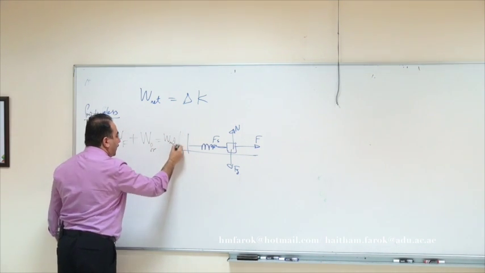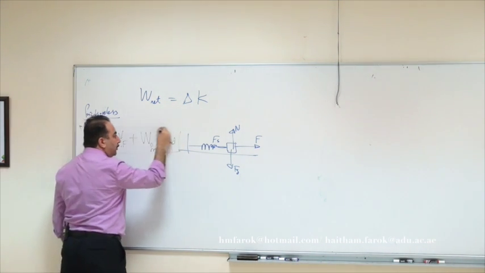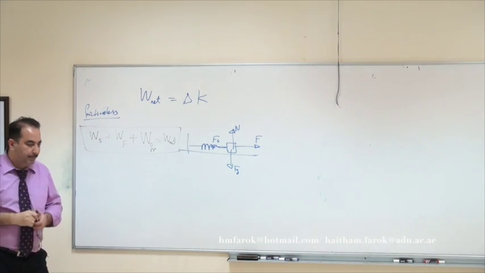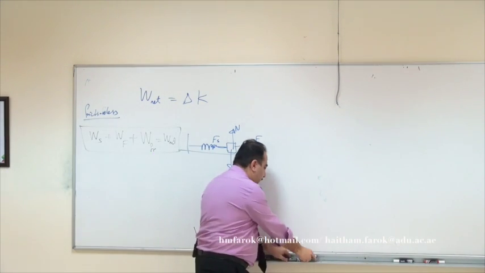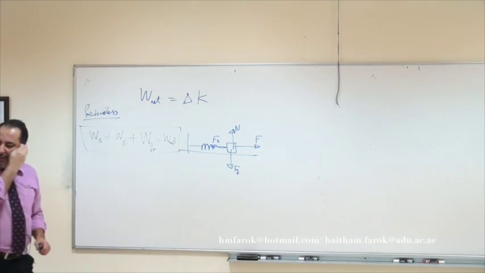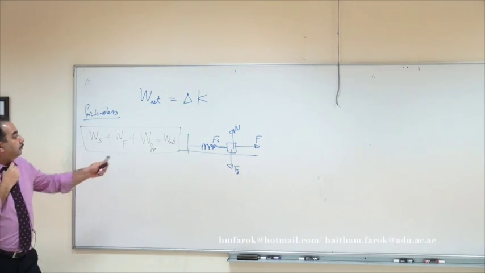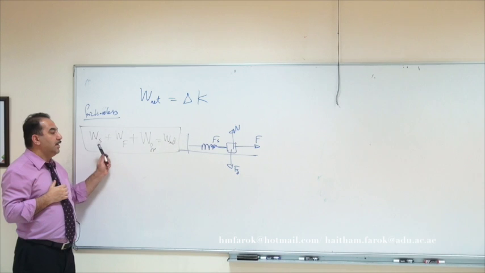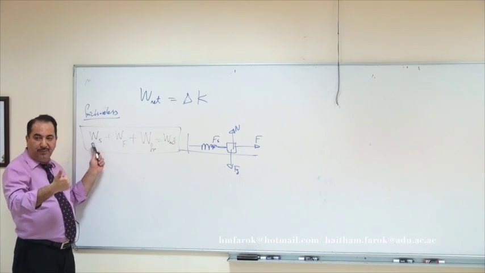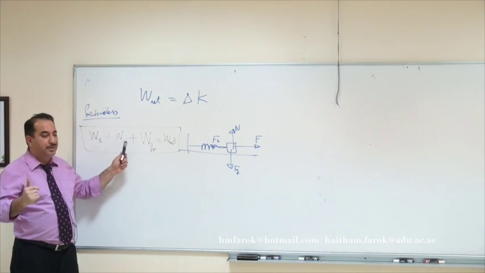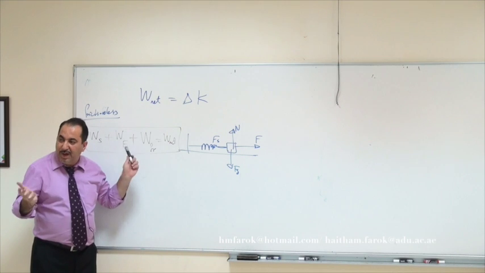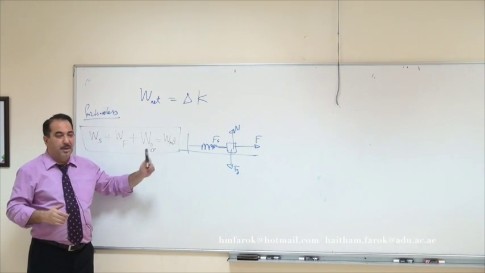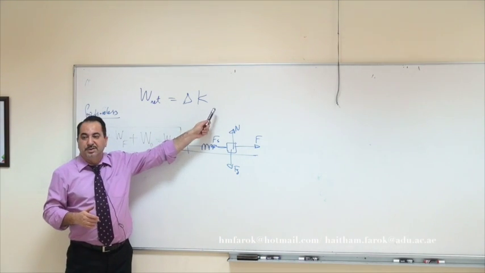I'm talking generally, not in this question. So whenever you want to solve a horizontal spring question using the concept of work, remember you have three works in general: the work of the spring force, the work of the applied force, and the work of the friction force. You add them, it gives you W net. And what is W net? The change in kinetic energy.